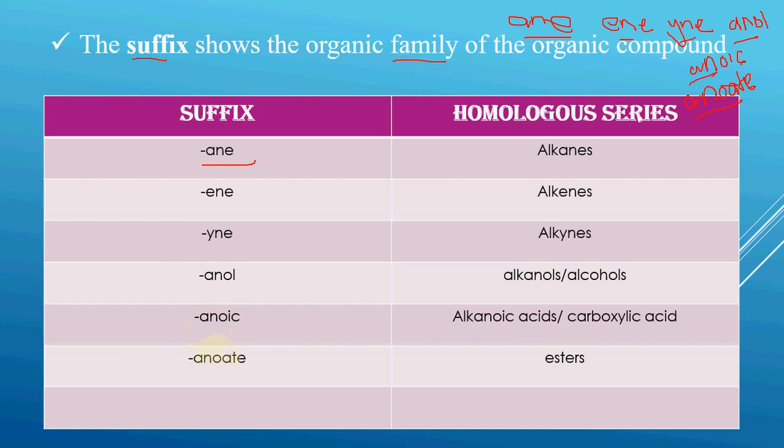Anoic acids, and anoate esters. So all these mean business when they are found in the name of a given compound. So let's not ignore them. When you ignore them, that's poison.